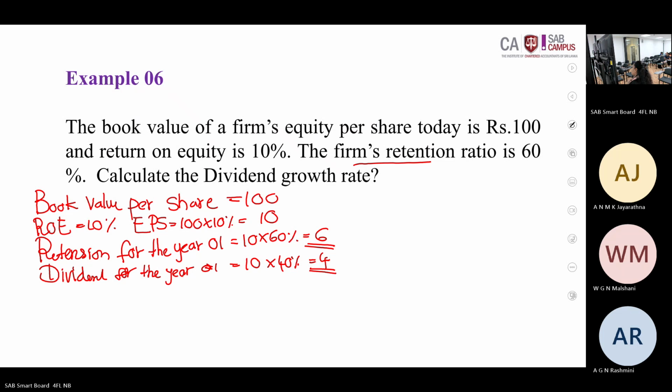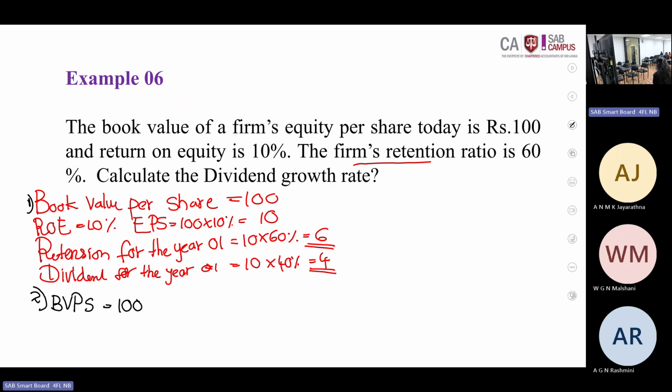Then the second year. This is the book value for the first year. Year number 1, year number 2. Book value per share equals the previous year's 100.